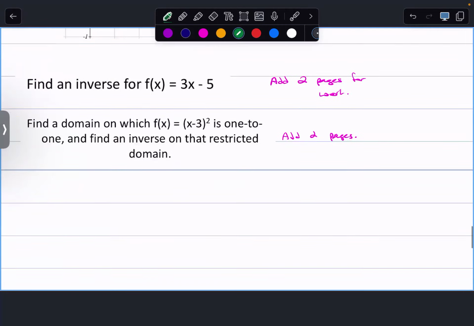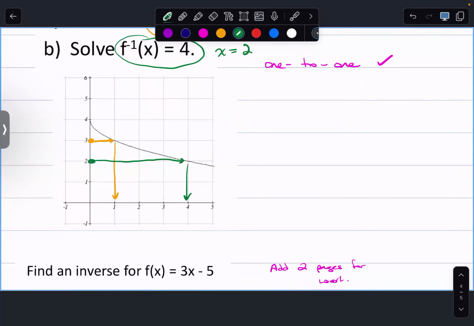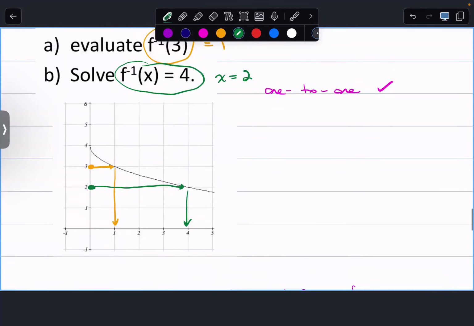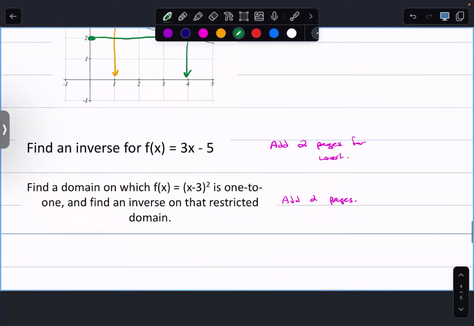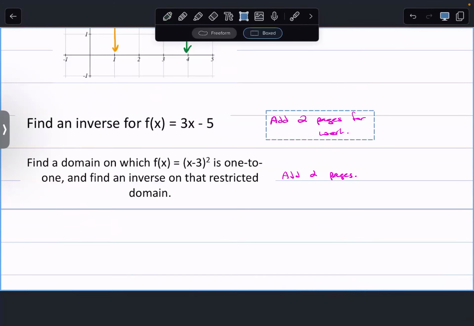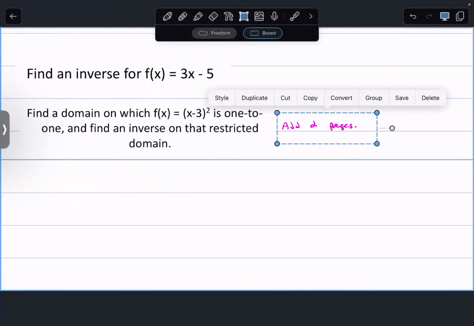Oh, and then I have scrunched it so it didn't span a bunch of pages. Any questions about those so far, before we move on to the actual mathematical functions? Okay, so I've got add 2 pages for work roughly, and then add another 2 pages.